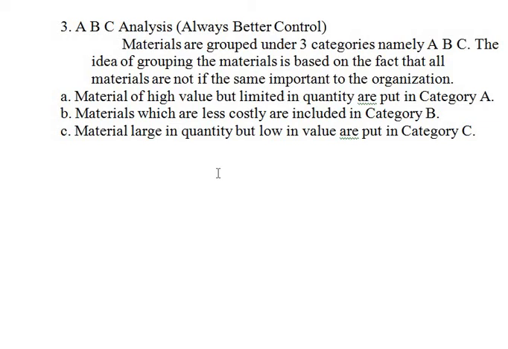ABC analysis means it is always better control. Now everywhere the materials have to be controlled, only then there will be smooth flow of production in the organization. Okay, so now basically the materials are classified into 3 categories, which are A, B and C.